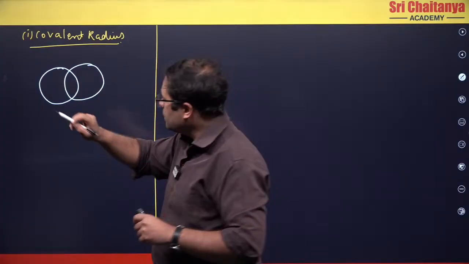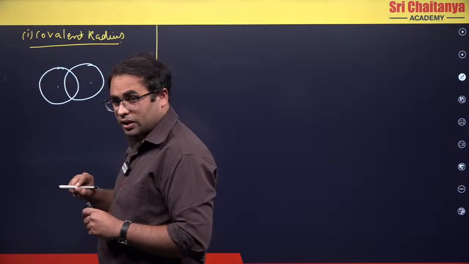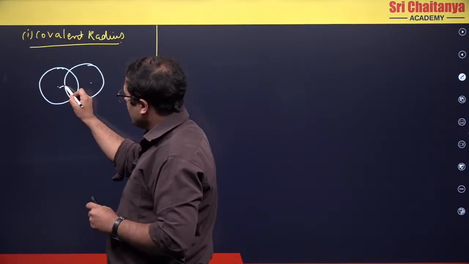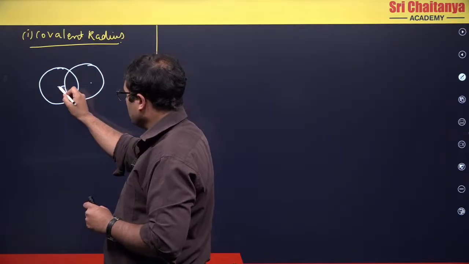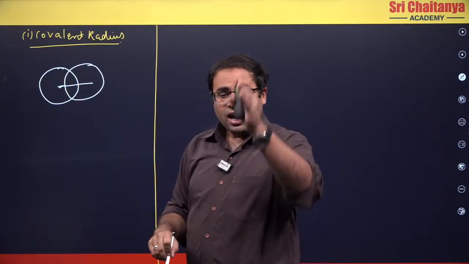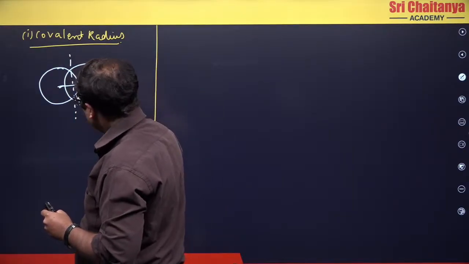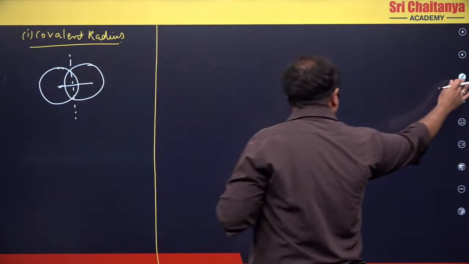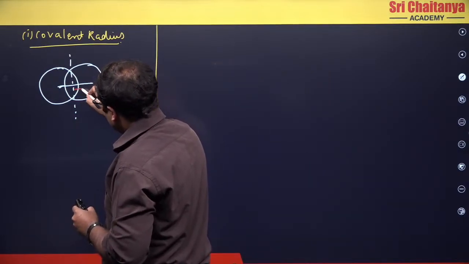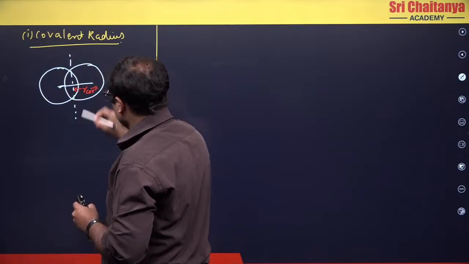Now what you have to do is mark the centers of these orbitals. After you mark the centers, draw a straight line from their centers, and then half of that straight line is your covalent radius. This is your R covalent.